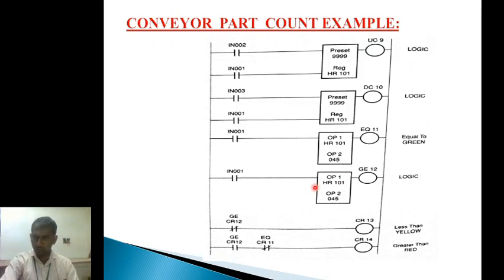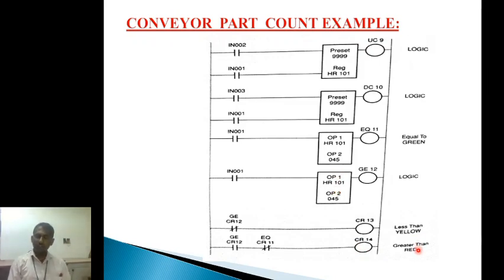So we also perform the greater than or equal to function. So greater than or equal to, not, means less than. So when the number of parts on the conveyor is less than 45, then we can indicate the yellow light, and greater than or equal to and not equal to will be cancelled. Then what we get? Greater than. So if the parts present on the conveyor are greater than 45, then the red light will be indicated.